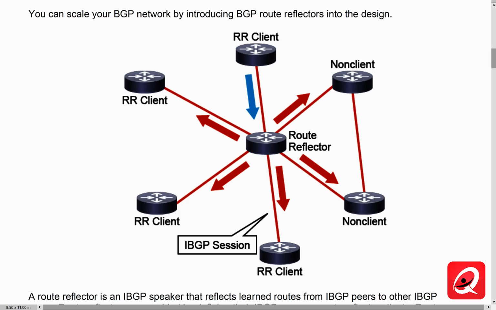It doesn't reflect everything that it learns. All right. So the clients themselves don't choose the same routes that they would have chosen had we seen those as maybe eBGP routes, or had we had complete visibility based on a full mesh of iBGP peers.